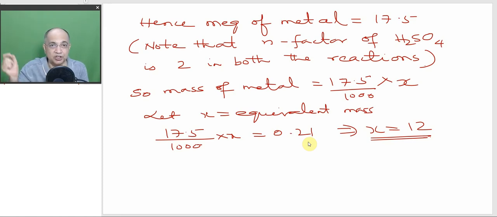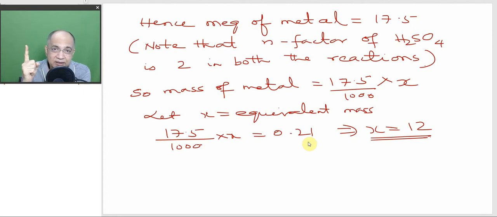So make a sketch putting the data, and then it will become easier on your part to go for a calculation, and you will love to solve such volumetric analytical problems very, very passionately, right? So never ever think of climbing the ladder throughout by the equivalent method.